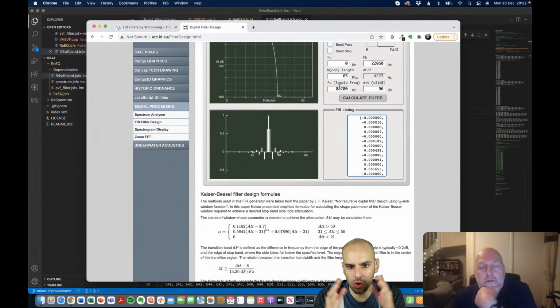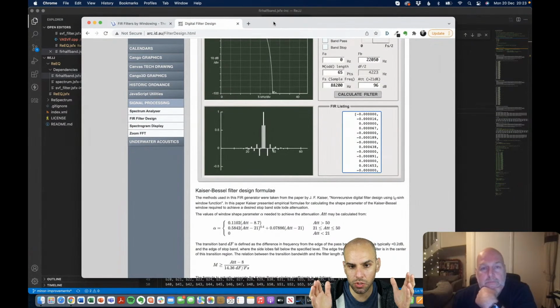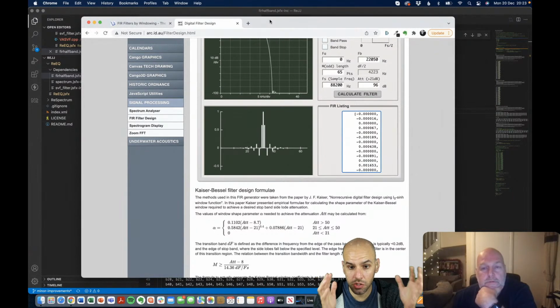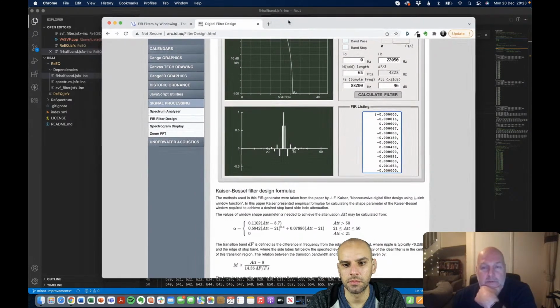The number of points is the size of the filter kernel, the impulse response that we're going to get out, which is also the number of samples that we need to buffer, or maybe half of that, but that is going to influence the number of samples we need to buffer, or the latency. So the bigger this M is, the better the filter will be, but you have to delay more. That's right.